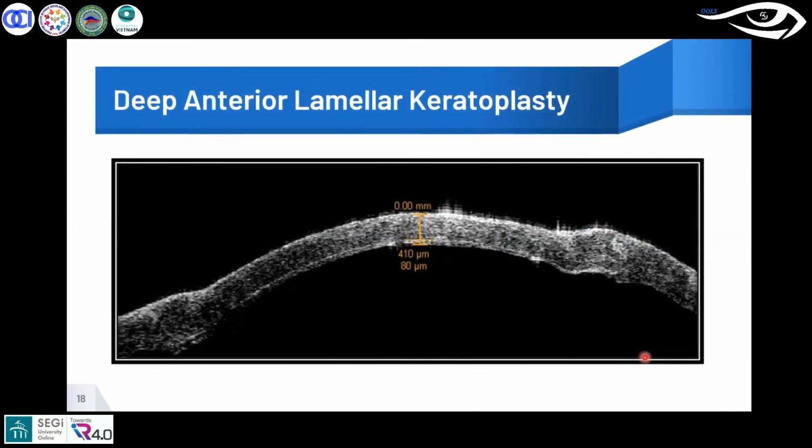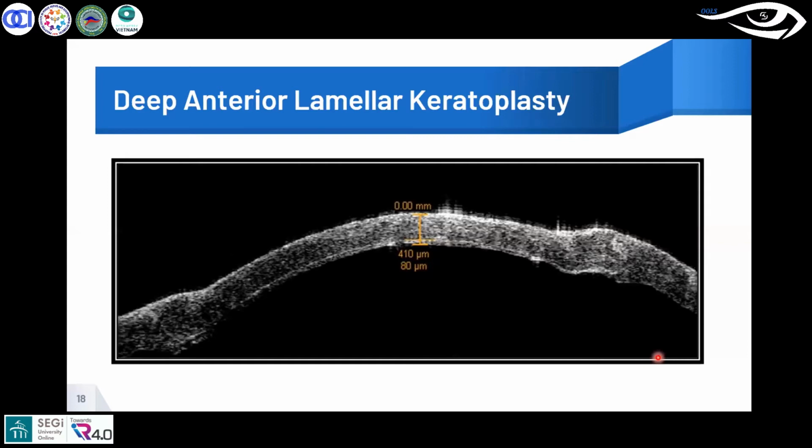So talking about the role of AS-OCT in these techniques, in case of a deep anterior lamellar keratoplasty procedure, you can actually look at the various appositions. When I say apposition, it means whether the graft and the host are attached, whether there is any DM detachment, or whether there is any difference in thickness of the donor or the host, which could be analyzed by using an AS-OCT technique.